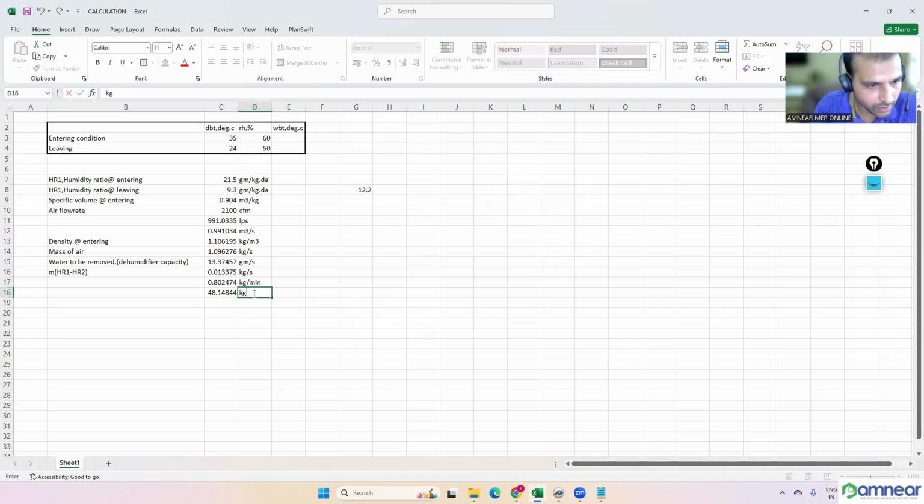So each hour 48 kilogram. Water is a standard fluid, 1 kilogram of water and 1 liter of water are the same. So 48 liter per hour or 48 kilogram per hour of water has to be removed to achieve the condition.